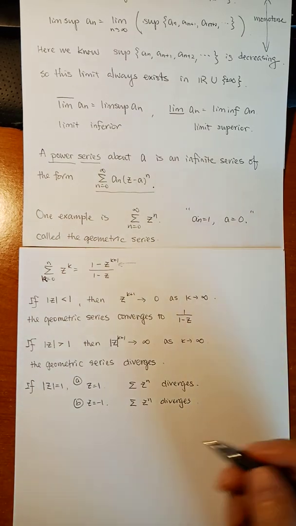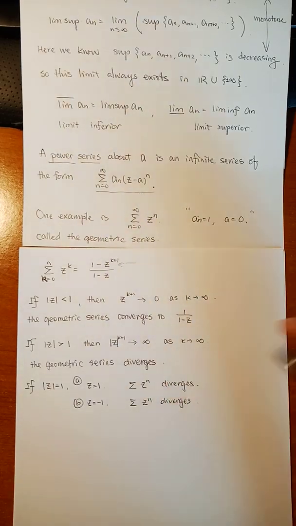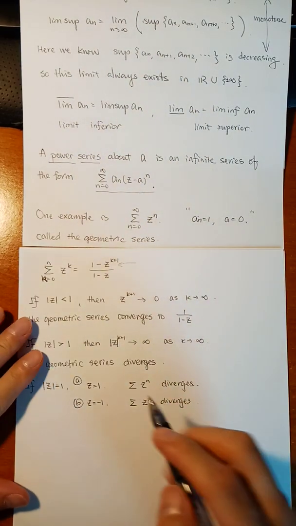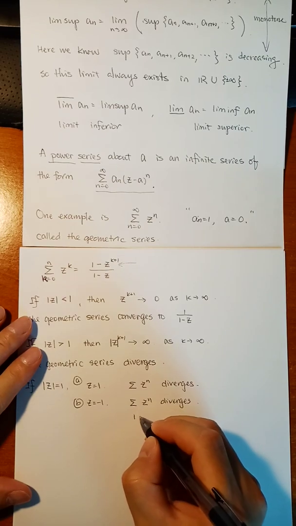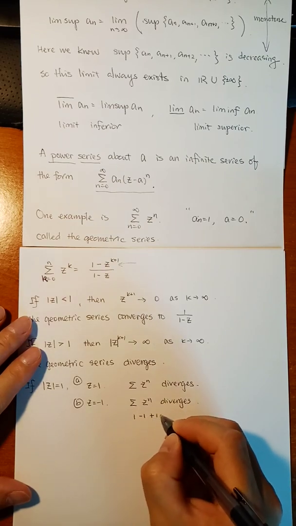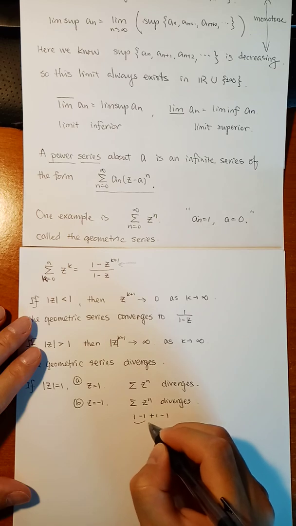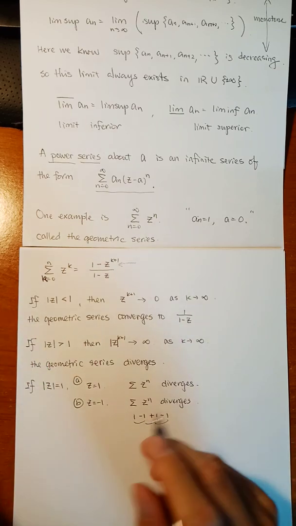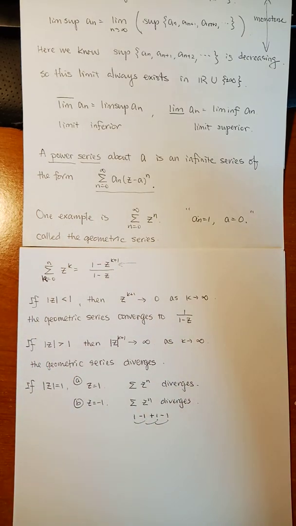It does not even go to infinity. It's like jumping between 1 minus 1 plus 1 minus 1, so it's 0, 1, 0, 1, 0, 1. It's between 0 and 1, jumping forever. So it diverges.